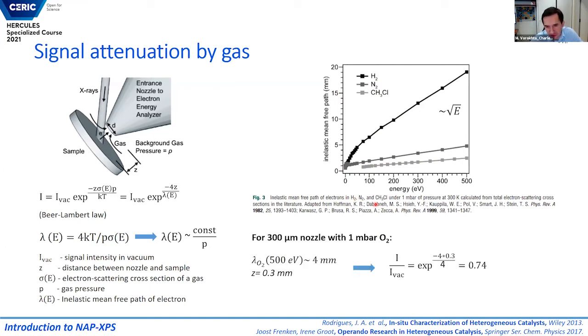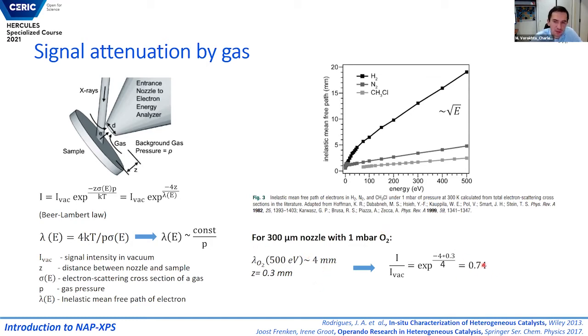Here I did some calculations with a standard gas which is quite often used in NAP XPS, oxygen. If you fill with 1 millibar of oxygen and you have an aperture with this 300 micrometer size, then lambda will be close to 4 millimeters, the mean free path of an electron inside 1 millibar of gas.